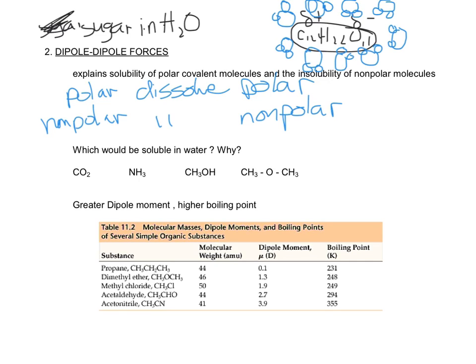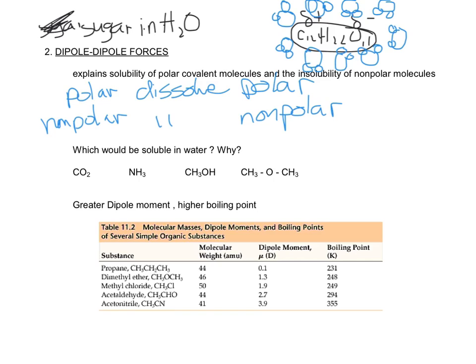The reason is, if you have a polar molecule, like for example, oil and water, water is polar, oil is non-polar. What happens is the water molecules all attract each other because you've got these partial positive and partial negative ends attracting each other, so all the water molecules are going to clump together because they have such high attraction to each other, and the non-polar molecules are just going to sit there.